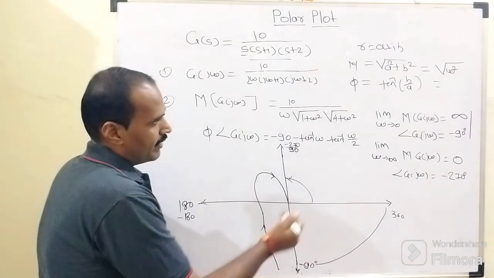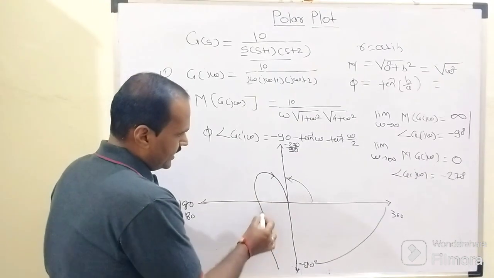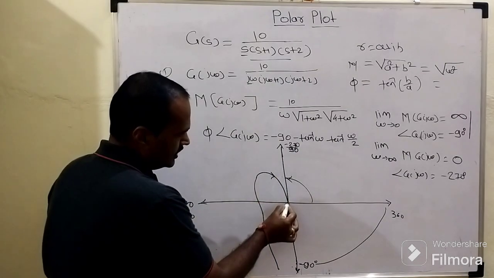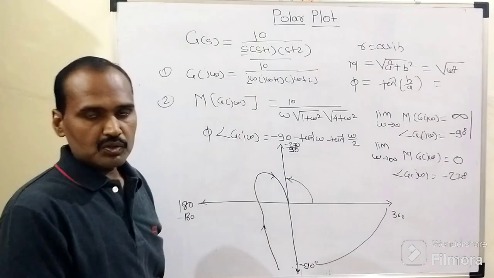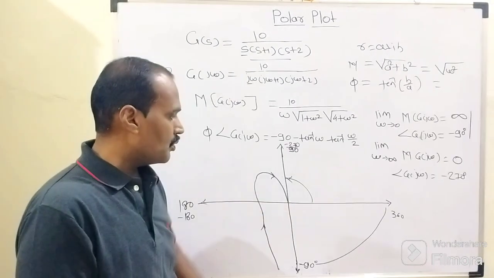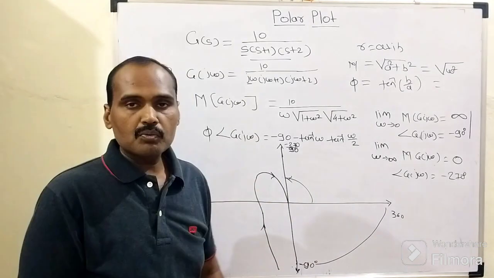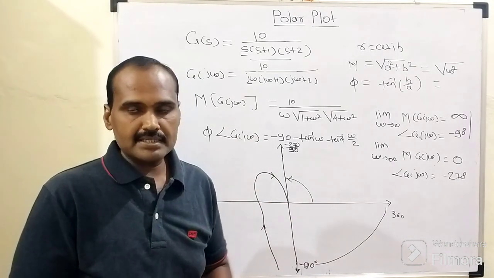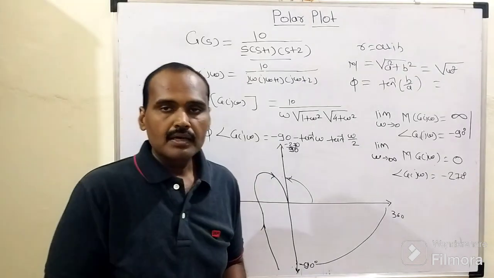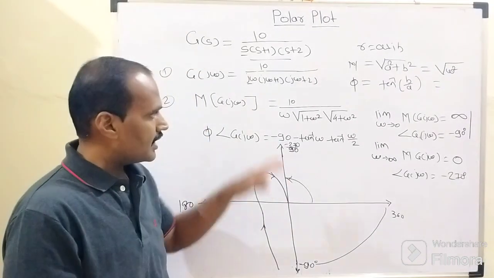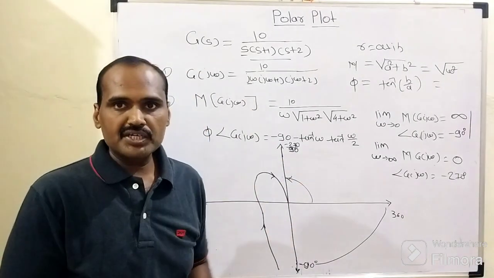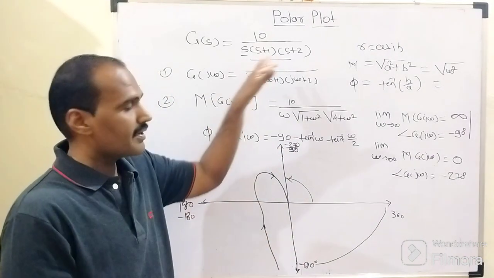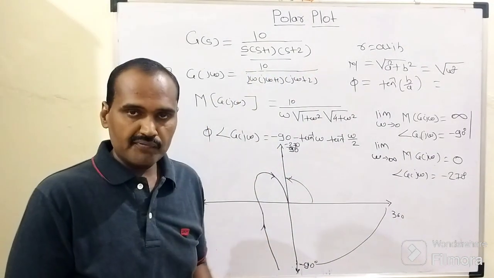When omega equals infinity, at that time it will touch this minus 270 degree line at the origin. So this is how your polar plot will look, and this is the half part of this example. In this part we have tabulated the magnitude and the phase angle for the given open loop transfer function.